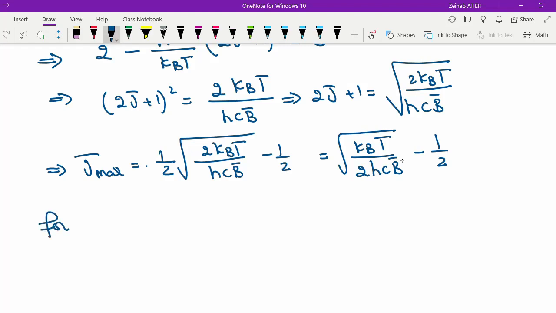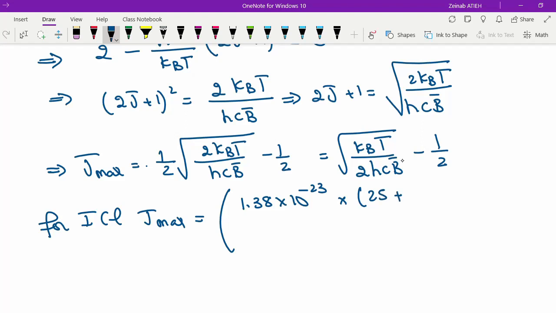So for ICl, J max is equal to, just substitute their numbers. k is equal to 1.38 times 10 to the power minus 23. The temperature, as I have said, is 25 plus 273, in Kelvin like this.